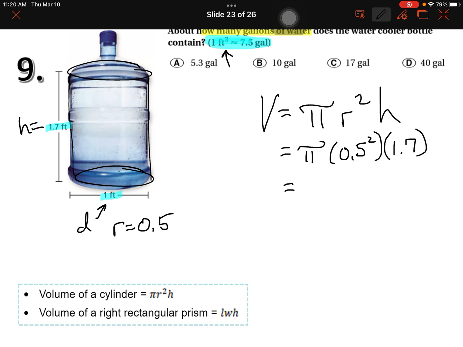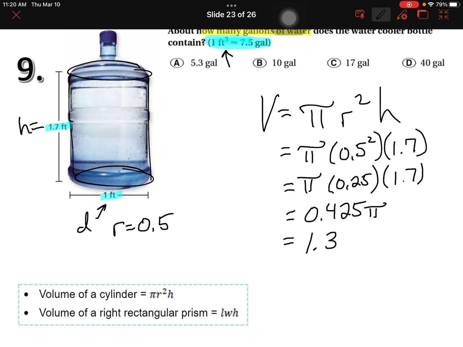And this is going to be 0.25 when you use your calculator. And then we get 0.425 when you multiply 0.25 times 1.7, and times pi. Now when we multiply that, we get approximately 1.3345 in cubic feet.